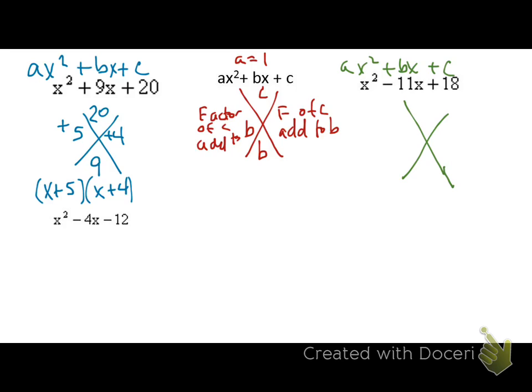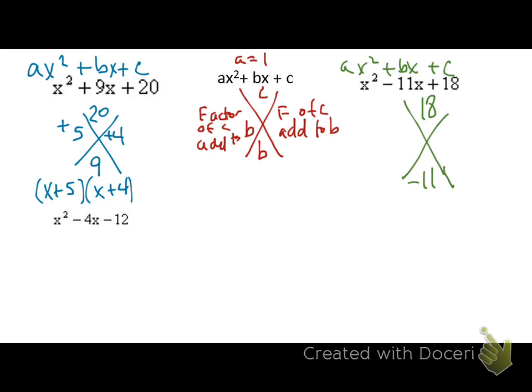So what am I going to put on the top for my c? 18. And what am I going to put on the bottom for my b? Negative has to come with it, negative 11. So now you need the factors of 18, but yet add to be a negative 11.